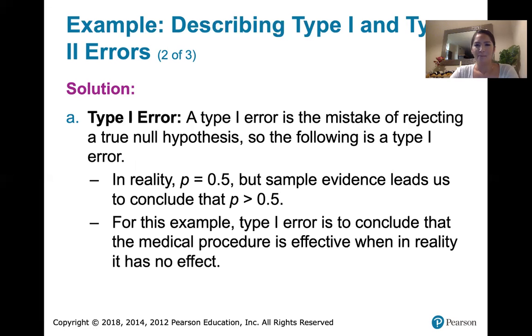So that means that in reality, the treatment has no effect. But for some reason, our sample evidence suggests that the procedure works. So we're wrong. The procedure doesn't work, but evidence suggests that it does work.